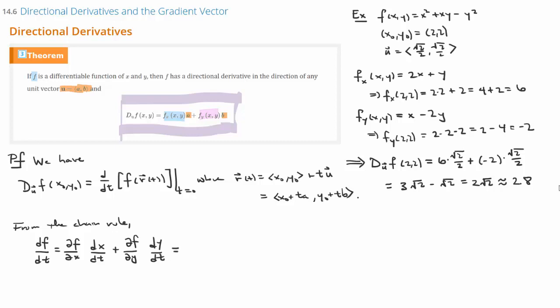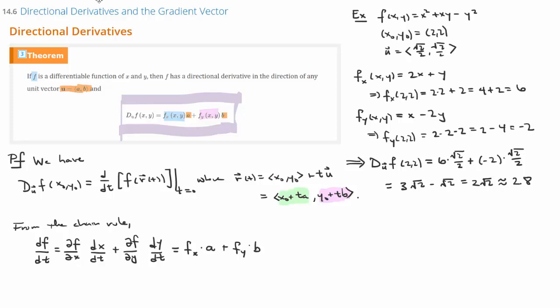Now here, del f del x is just f sub x, but the derivative of x with respect to t, I need to compute by looking at this x naught plus ta and differentiating with respect to t. I'll get an a. On the other hand, del f del y is f sub y, and to figure out what dy dt is, I need to look at this y naught plus tb and differentiate with respect to t to get b.